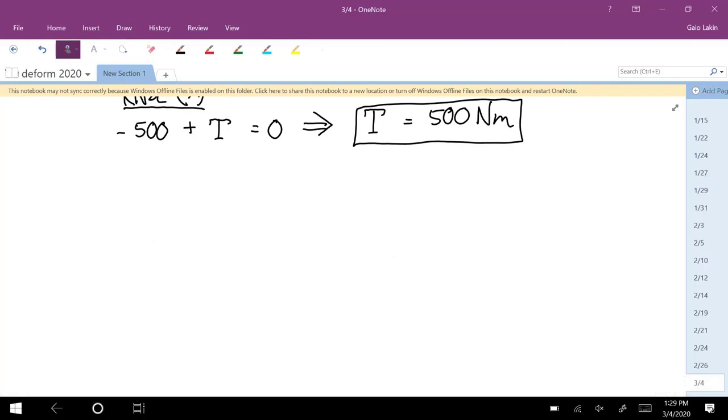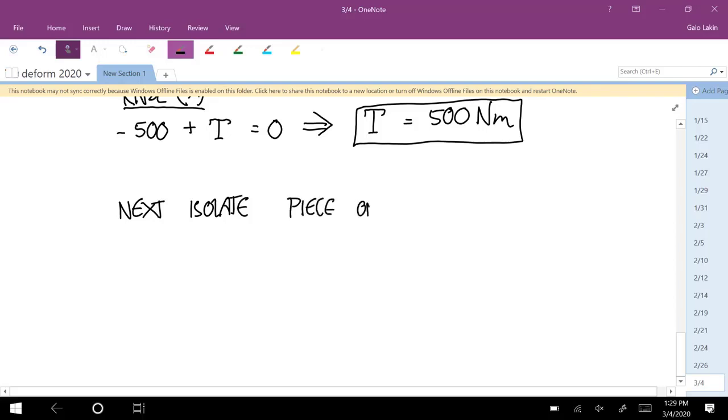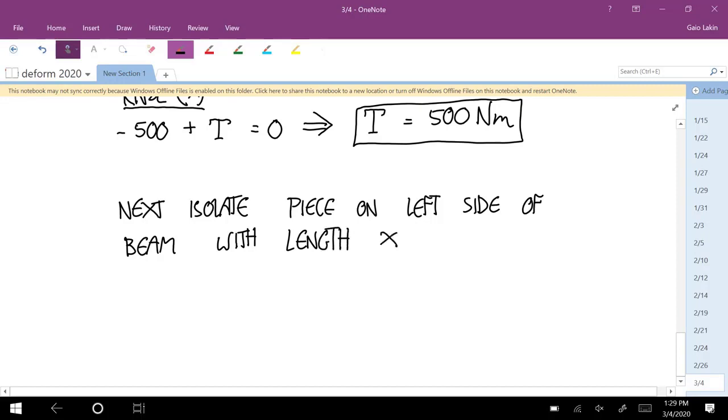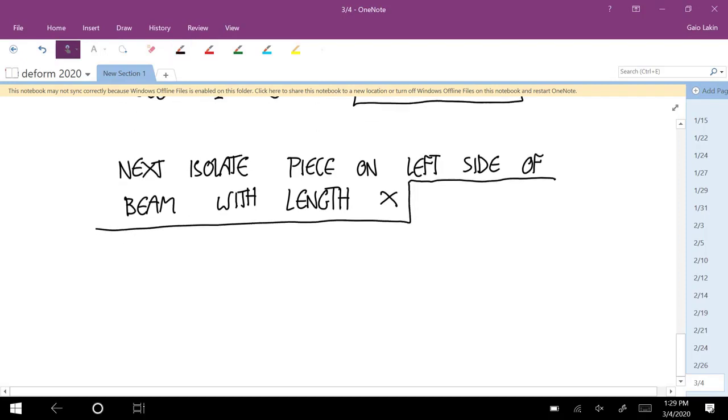Okay, so now we're going to isolate a piece on the left side of the beam with length x. So I can draw it the same way that I drew this one.